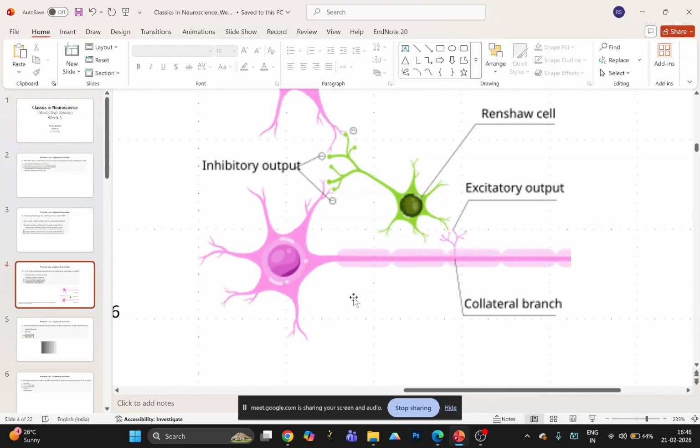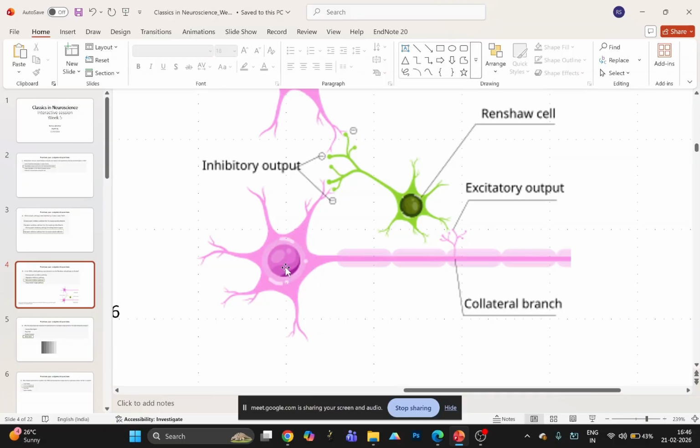Whenever there is depolarization, it means that there is excitation happening. If there is hyperpolarization, that means that there is inhibition happening. Okay. Generally, depolarization refers to an excitatory event, and hyperpolarization refers to an inhibitory event.